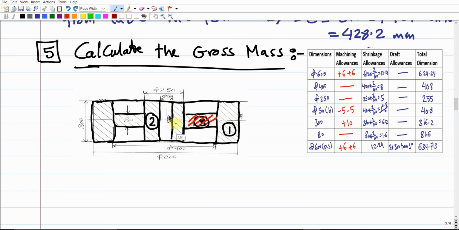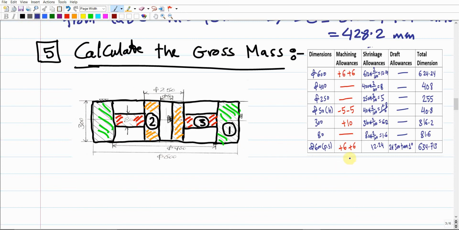Because we need the numbers, I'm going to mark this as volume 3, and we do have the green thing, which should be volume 1, the ring. In addition, we have volume 2, which is the hub in the middle. Then your objective is just to calculate these volumes using the dimensions that we have.